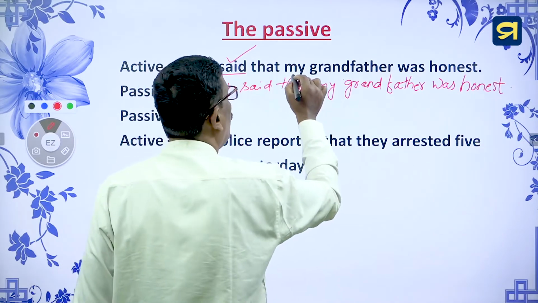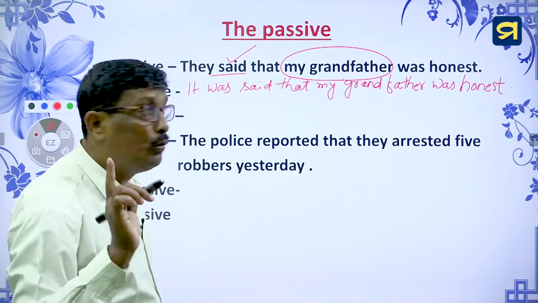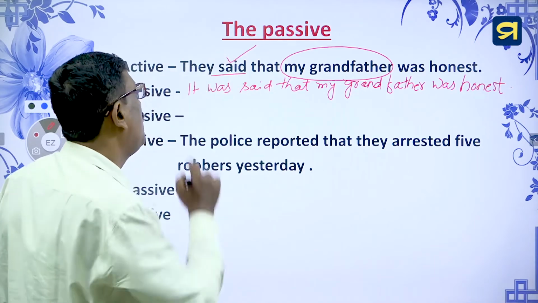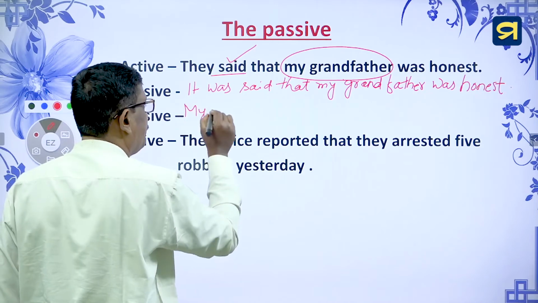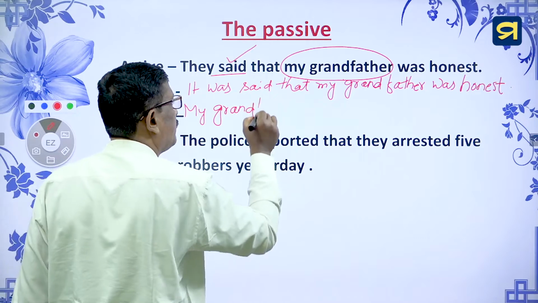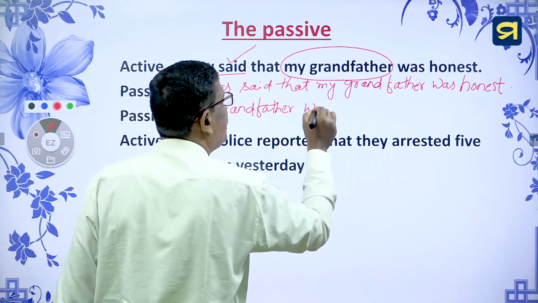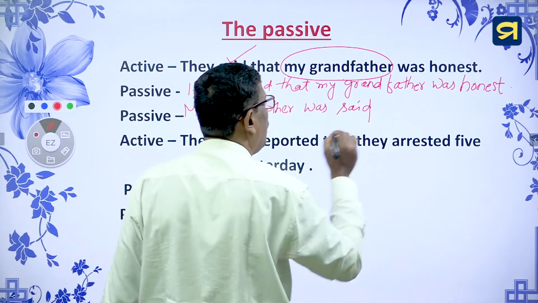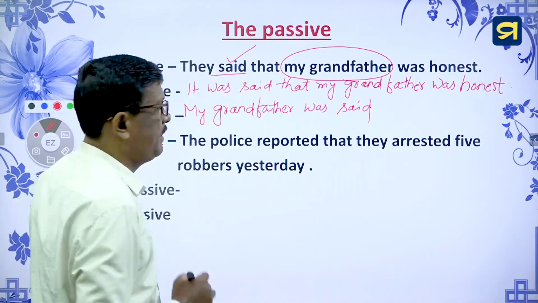But right now we will change the voice by using my grandfather in the beginning of the sentence because it is the subject of the that clause. My grandfather was said. Why is was used? Because my grandfather is third person singular number and it is in simple past.